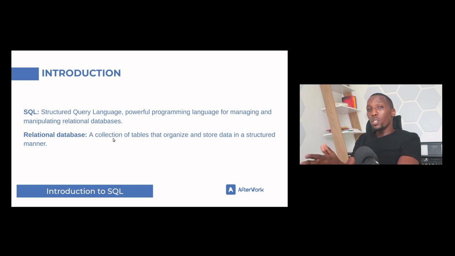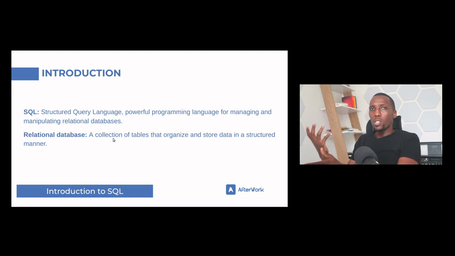So with relational databases, in order to be able to select data and to store data in that type of database, you would need to learn how to work with SQL, which is a programming language that basically allows you to interact with relational databases. There are other languages that you can use to interact with different types of databases.